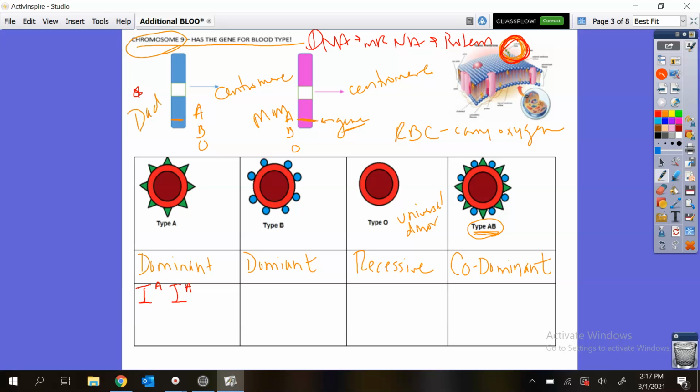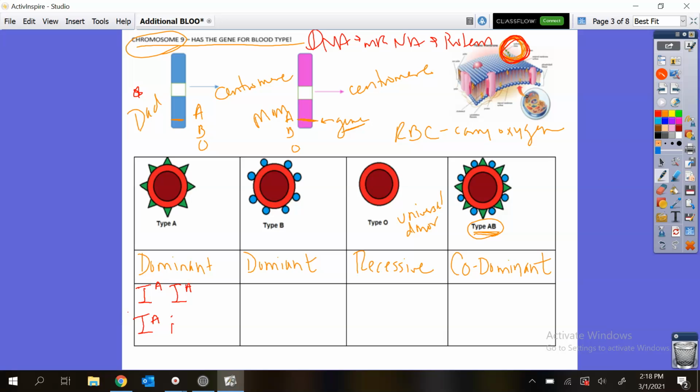Now, say that you get an A from dad, but mom gives you the type O gene, then that's recessive, so that would be a little i. So you would receive a little i from mom. Or it could happen vice versa, but those are the two ways that you can have type A blood.